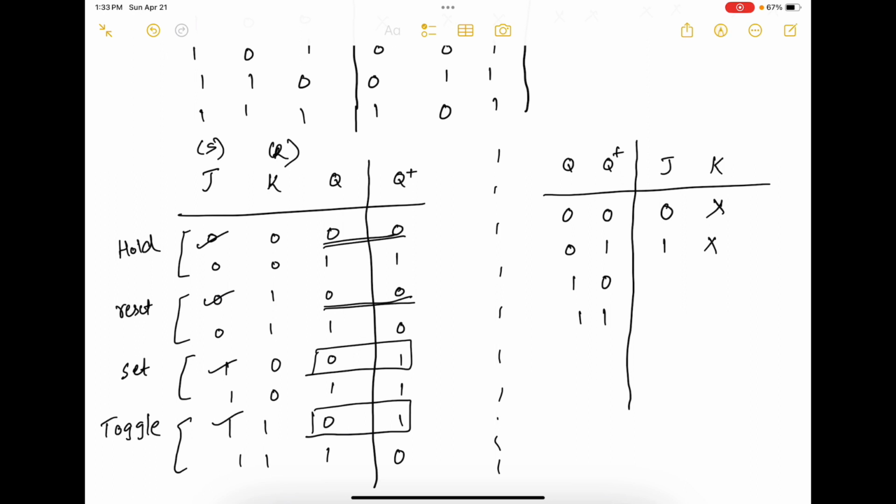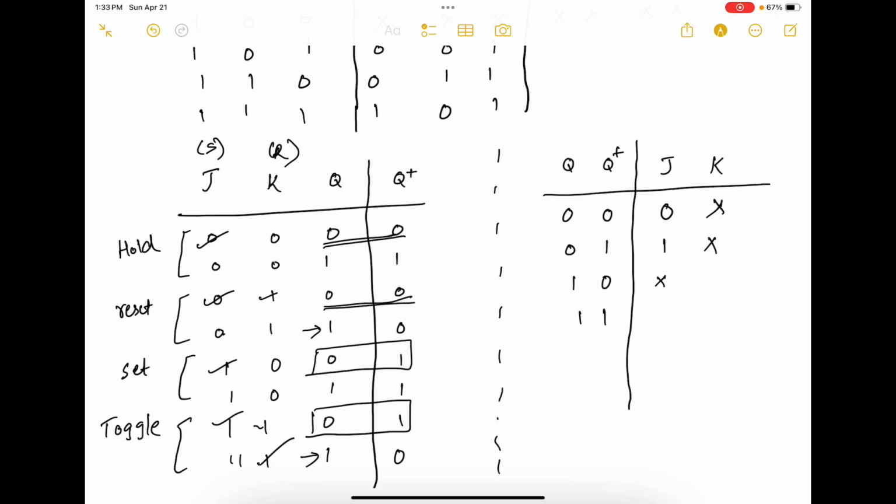Now when Q is 1 and Q plus is 0, which is this combination here and this combination, your J is 0 in one case and 1 in the other case, so that's don't care, and K is basically 1 and 1.